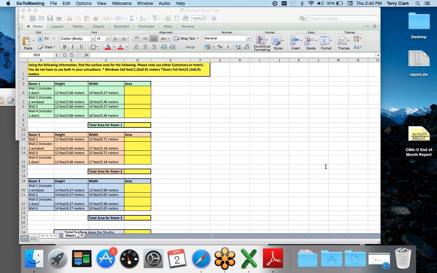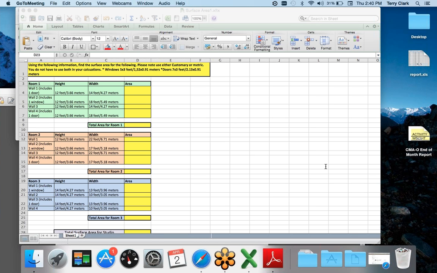So let's say for wall 1, I wanted to figure out the area. Let's say I have 12 feet times 14 feet. I multiply that together, and I'm using a calculator because I want to spend more time talking, that gives me 168 square feet.